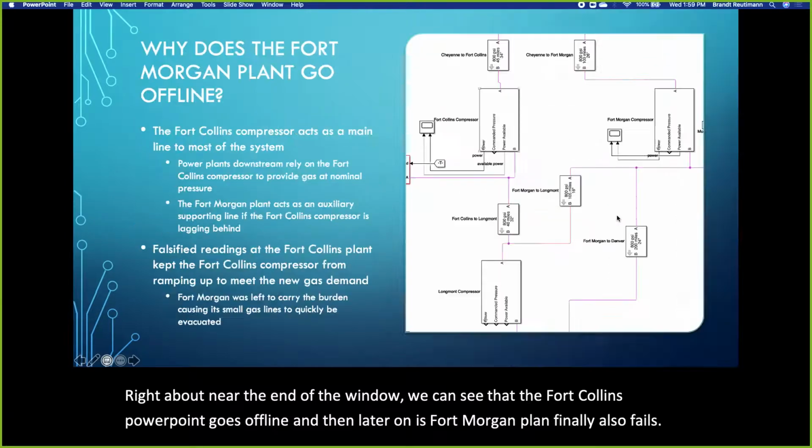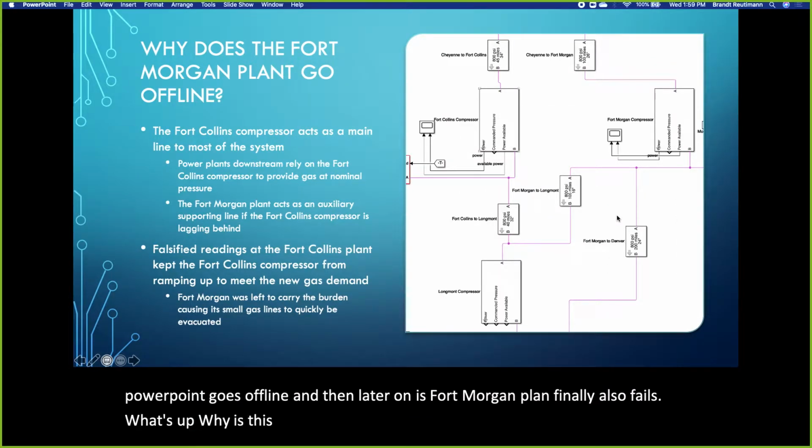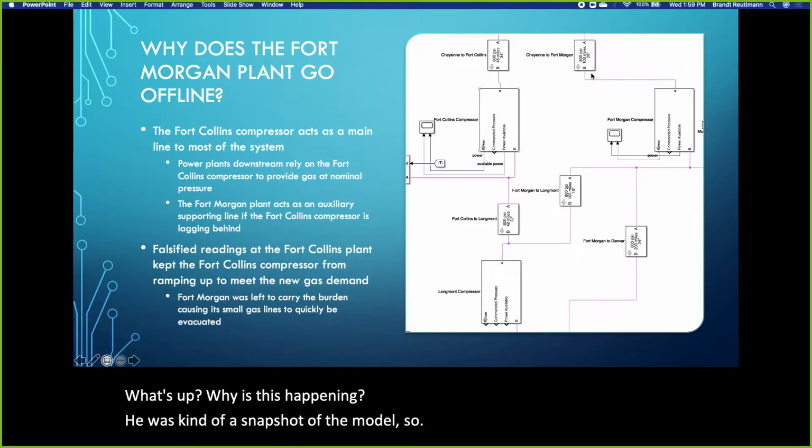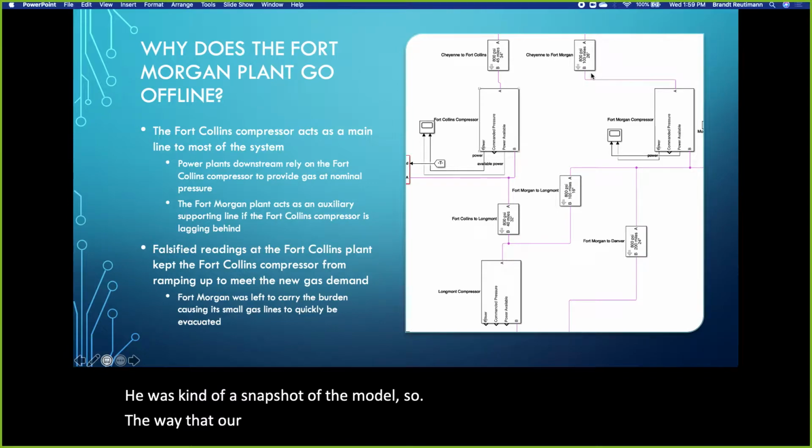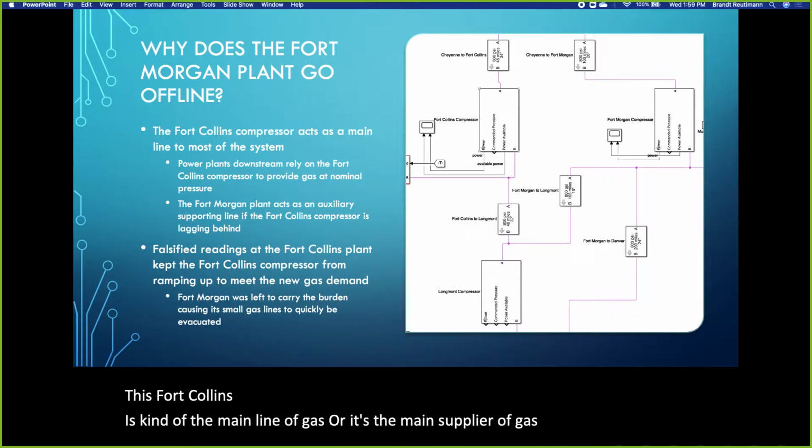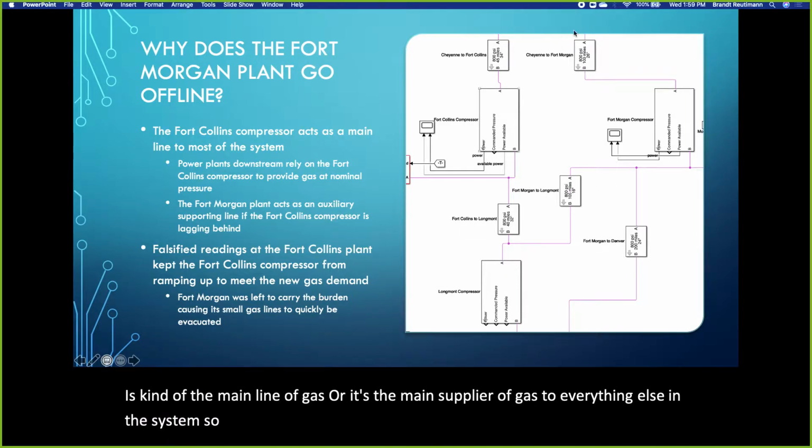So why is this happening? Well, here's a snapshot of the model. The way that our model is designed is that this Fort Collins compressor is the main line of gas, the main supplier of gas to everything else in the system. Up above here, what you can't see is a Cheyenne reservoir, so it's an unlimited supply of gas.